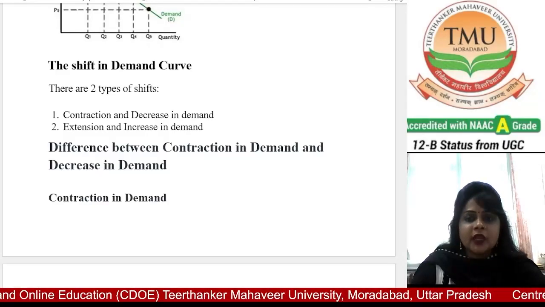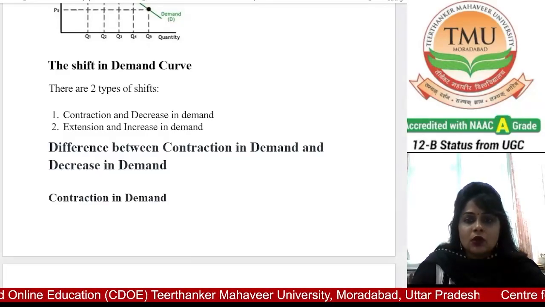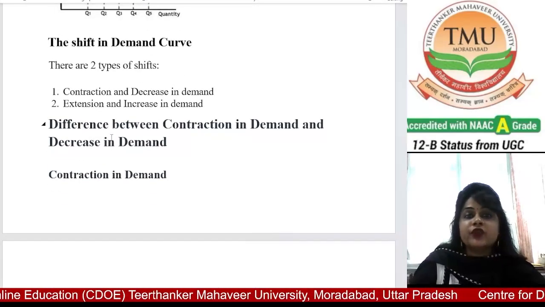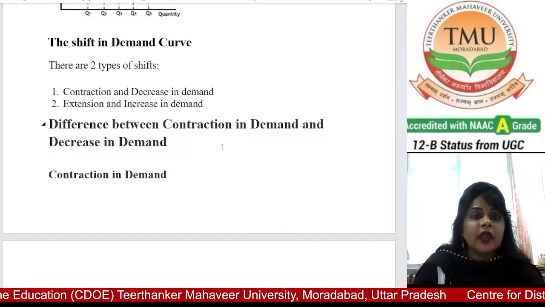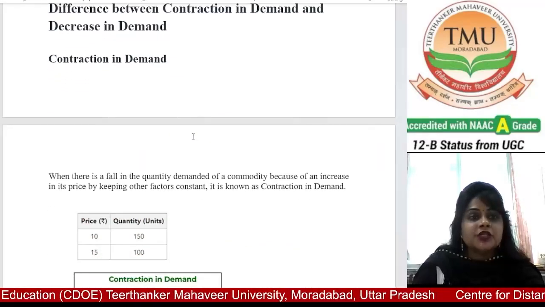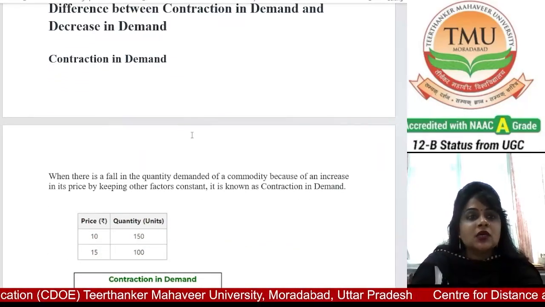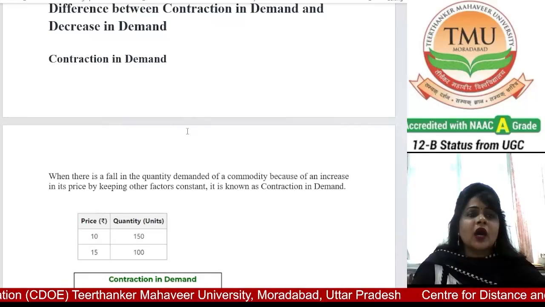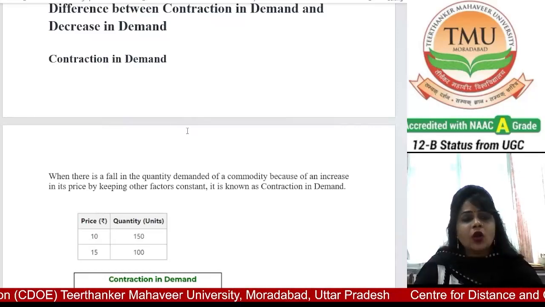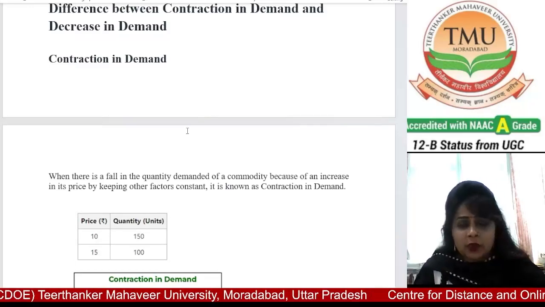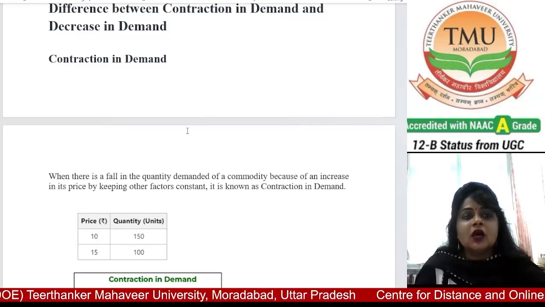To understand in detail, now we will see the difference between contraction in demand and decrease in demand. Contraction in demand and decrease in demand are cases of movement along the same demand curve and shift in the demand curve respectively.